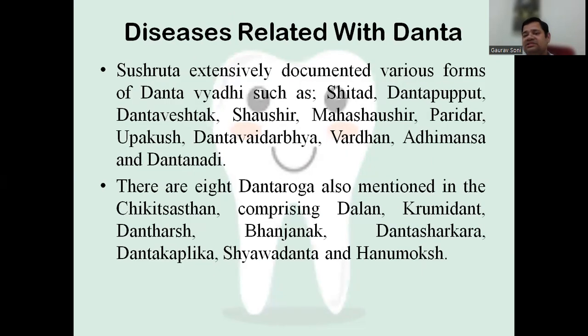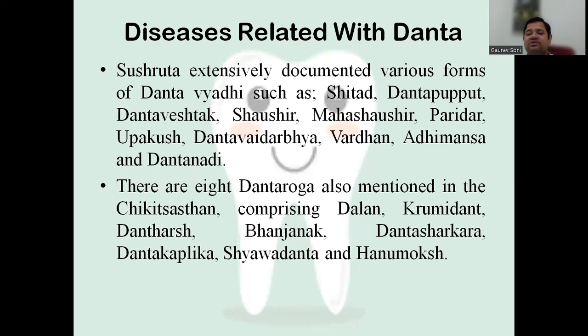Now some disease names which are given by Sushruta specifically for Danta Vyadhi: Sitada, Danta Puppuṭa, Danta Veshtaka, Sausira, Mahasausira, Paridara, Upakusha, Danta Vidradhi, Vardhana, Adhimansa, and Dantanadi. You are going to learn these diseases in detail when you study Shalakya Tantra. There they are going to teach you these diseases again.